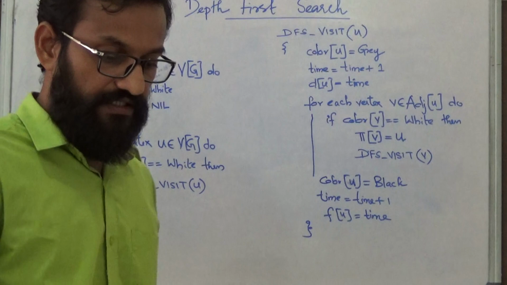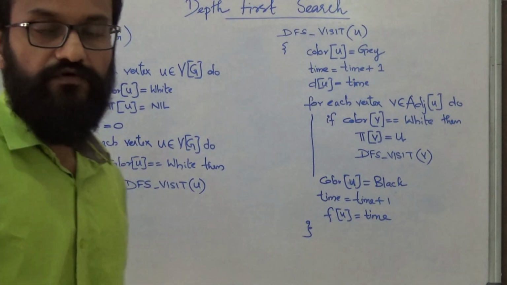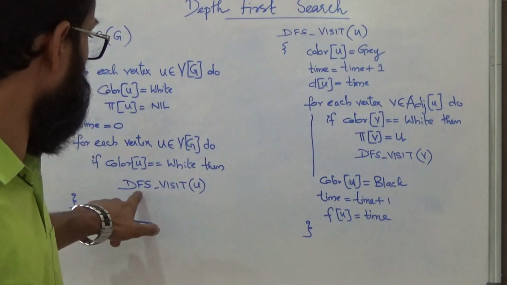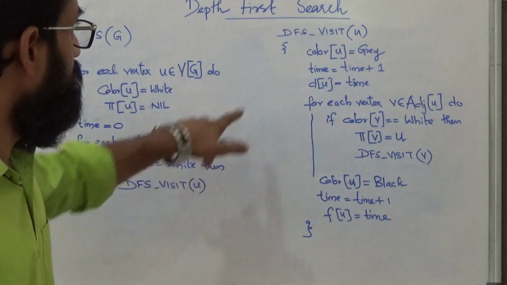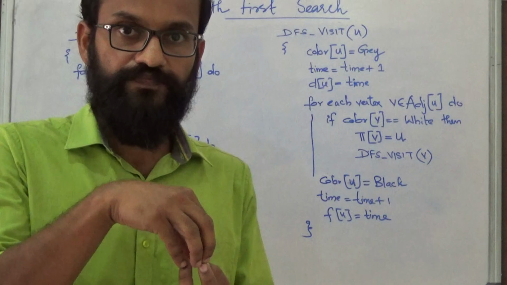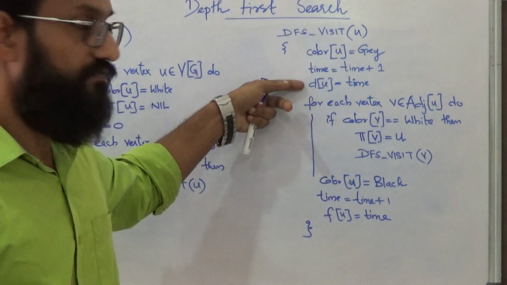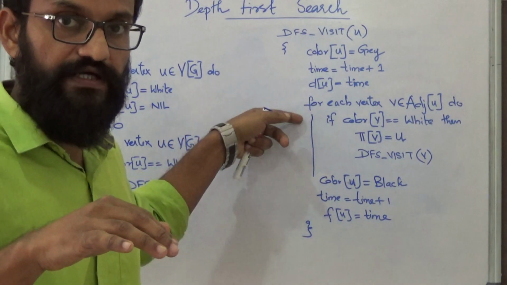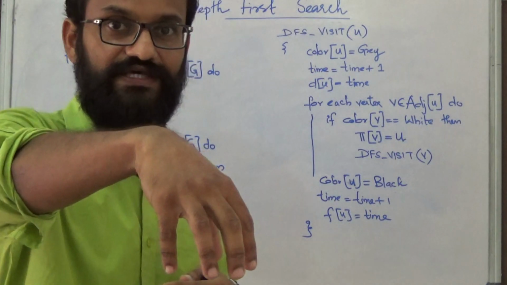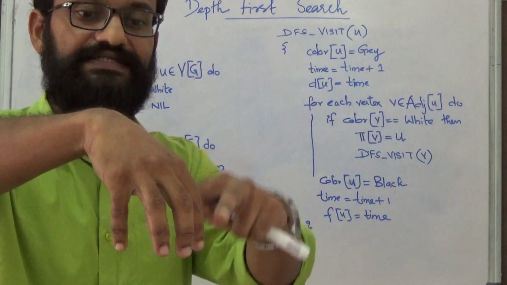So this is actually a recursive procedure. You will take any one of the unvisited vertex or white vertex to initiate DFS visit. You will start DFS visit from u. You have to set color of u to gray, fix the discovery time, and take the adjacent white vertex of u, that will be v, and from v you will again repeat the same procedure.